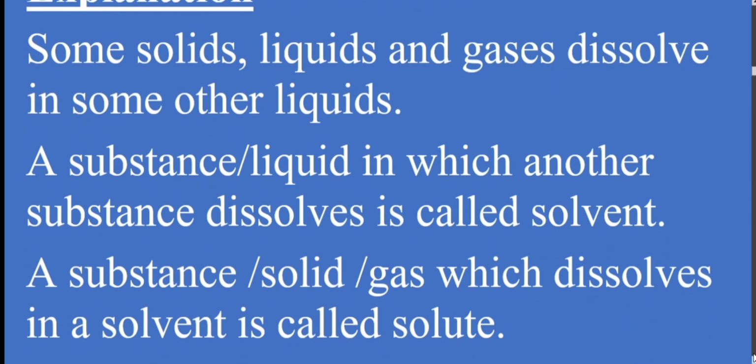A substance, a solid or a gas, which dissolves in a solvent is called a solute. So the solids we had, copper 2 sulfate, potassium manganate 7, and sodium chloride, we are calling them solutes. So now we have solvent as water, solute as copper 2 sulfate, potassium manganate 7, sodium chloride.